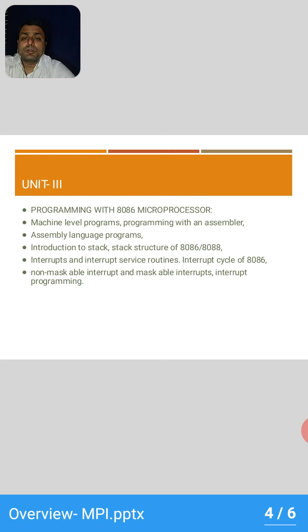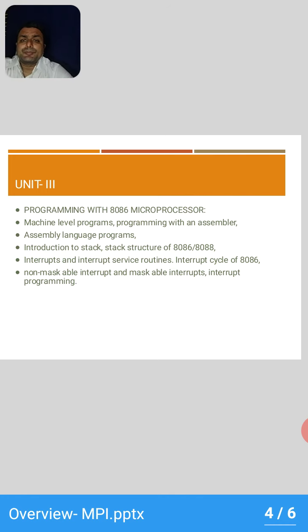We will study the stack structure of 8086, interrupts, the different types of interrupts, the interrupt cycle of 8086, and maskable and non-maskable interrupts. So we will study the programming aspects related to 8086 in the third unit.